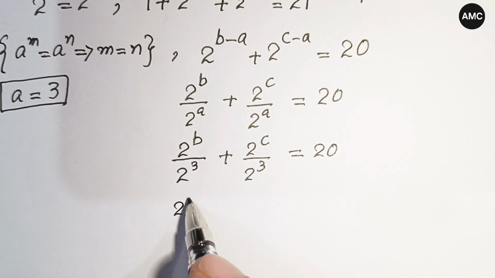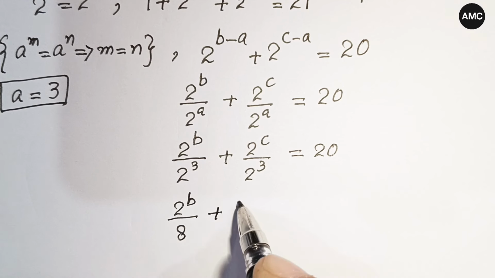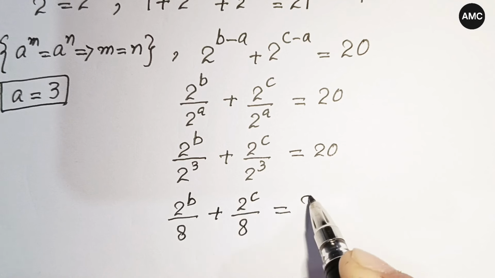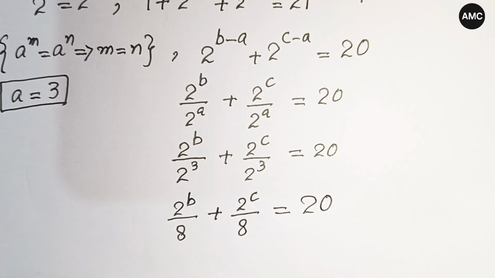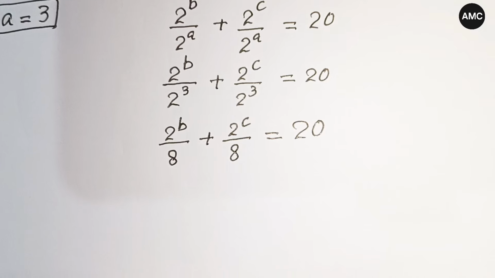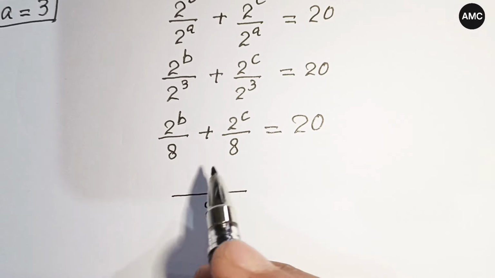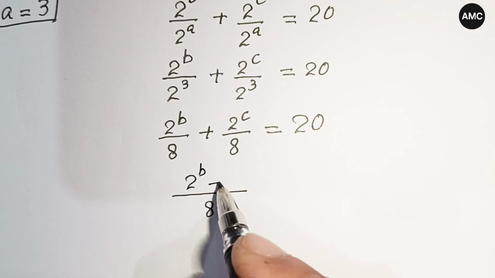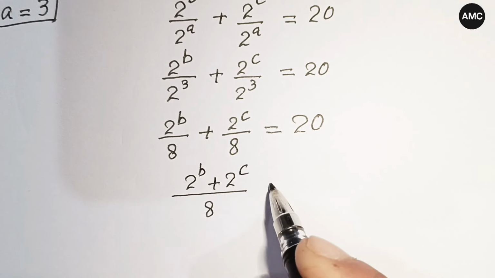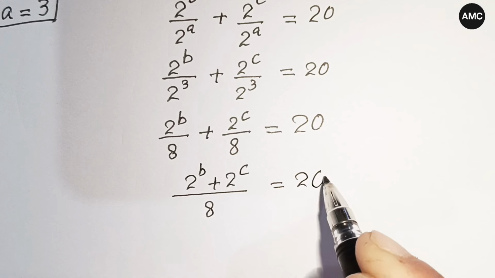Now 2^b over 2 cubed is 2^b over 8, plus 2^c over 8, is equal to 20. Now if we take the least common multiple on our left hand side, then it will be (2^b plus 2^c) over 8 is equal to 20.